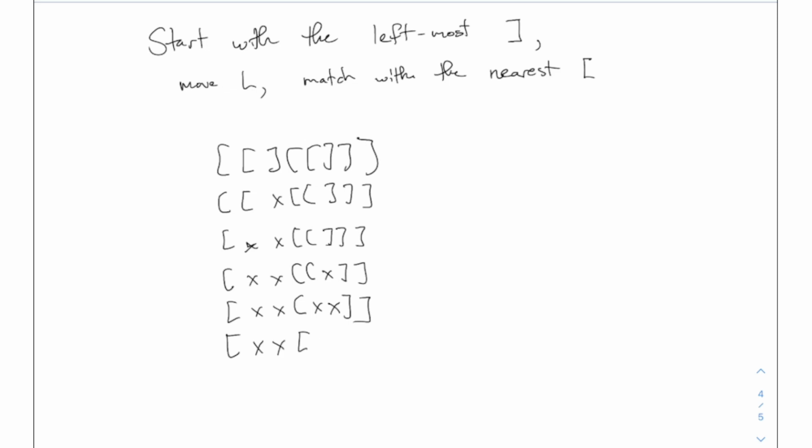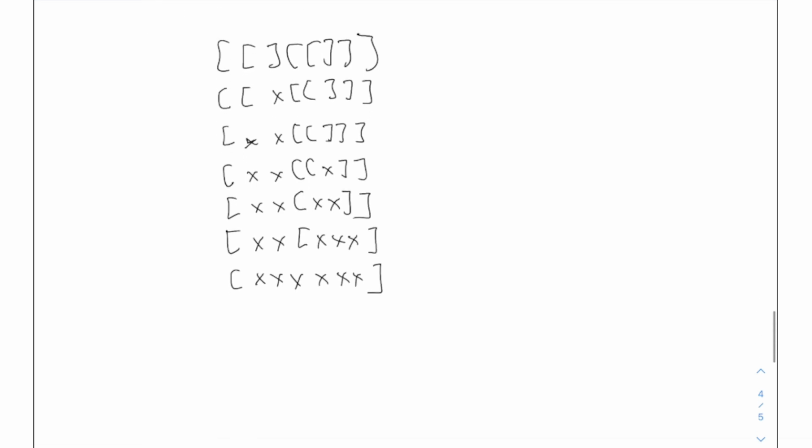X X X. And then from there, you move left and match it with this one. And then we start on the end and then match it with the one on the beginning. This is not actually the full derivation, but it is what the tape looks like from one big step to the next, like that. All right?